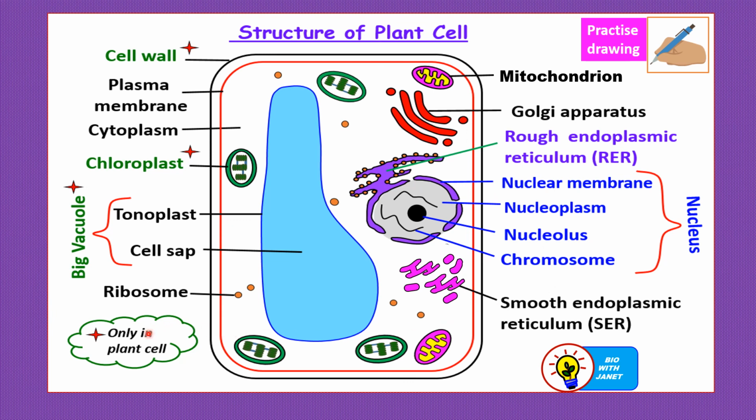So plant cells have a big vacuole, chloroplast, and cell wall that is not found in animal cells. The rest of the organelles that we've discussed are found both in plant cells and animal cells, such as mitochondrion, Golgi apparatus, rough endoplasmic reticulum, nucleus, smooth endoplasmic reticulum.